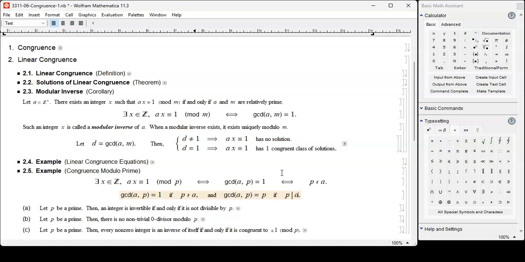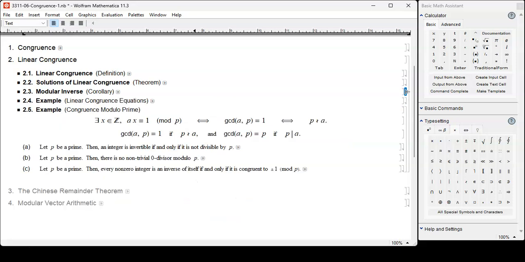You see, GCD is a common divisor, and it must divide p. So it should be either 1 or p. So if p does not divide a, then GCD is 1. If p does divide a, then it's p, because p being the GCD means p divides a. You already went through this. So keep those in your mind.